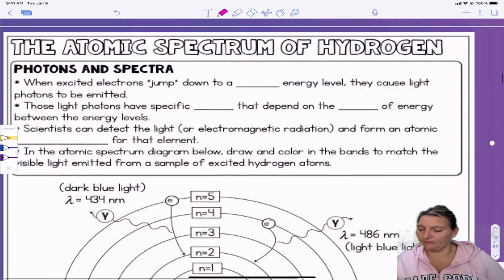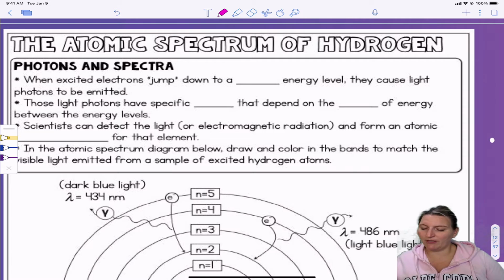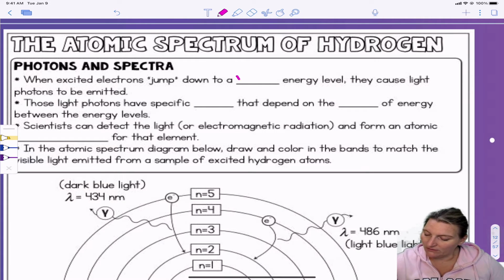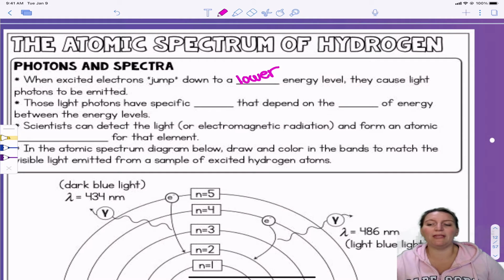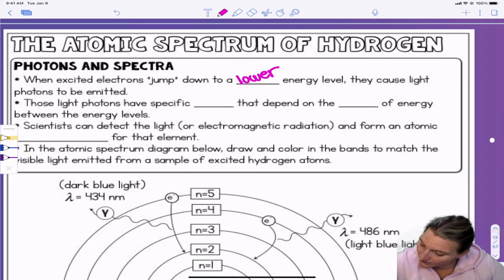So again, the atomic spectrum of hydrogen: when excited electrons jump down or fall down to a lower energy level, they cause light to be emitted. And those light photons have a specific wavelength that depends on the difference of the energy between the energy levels.